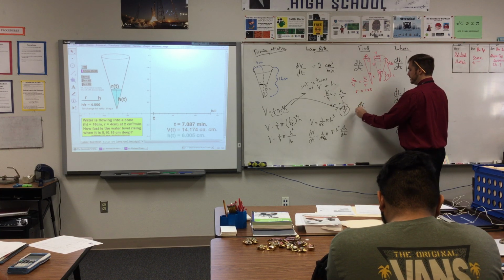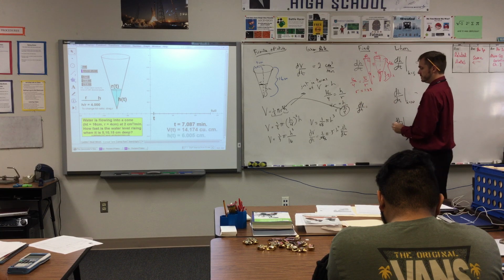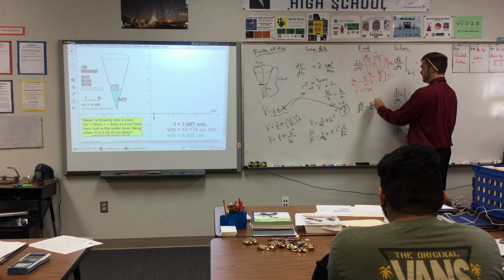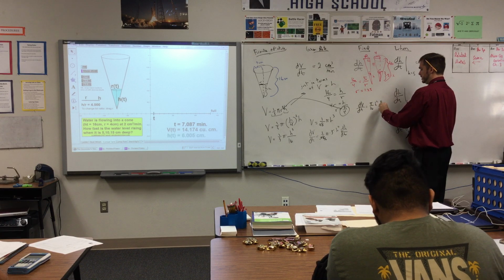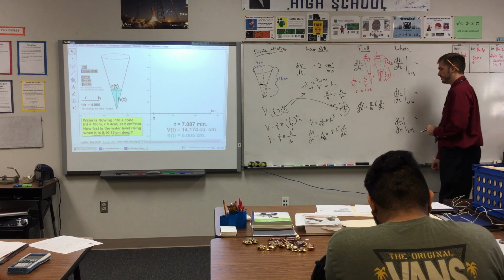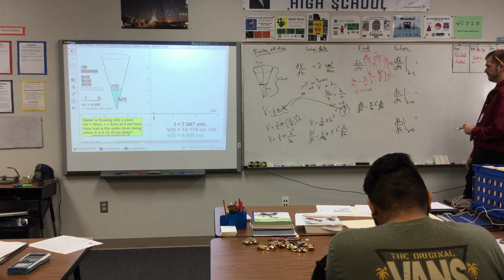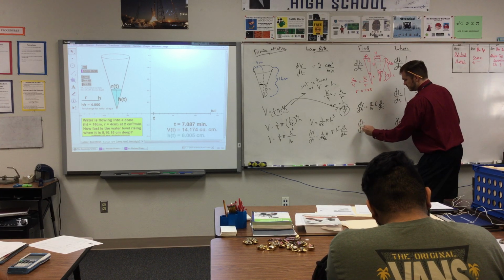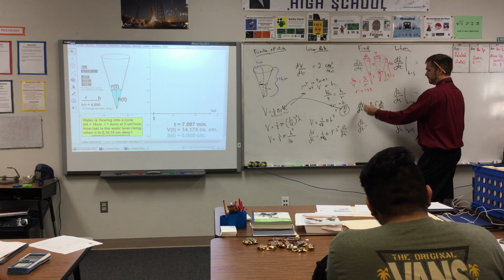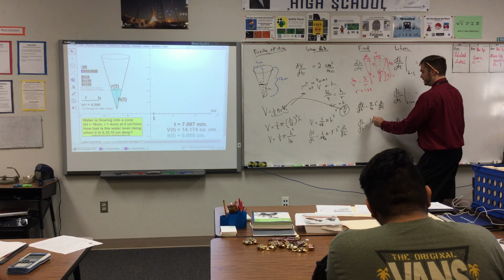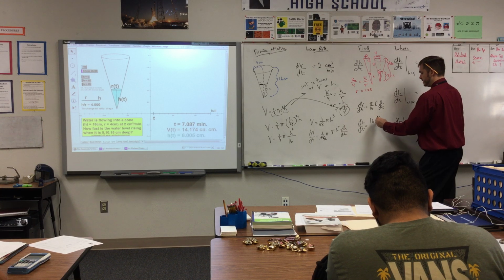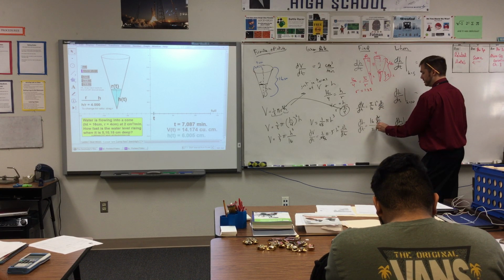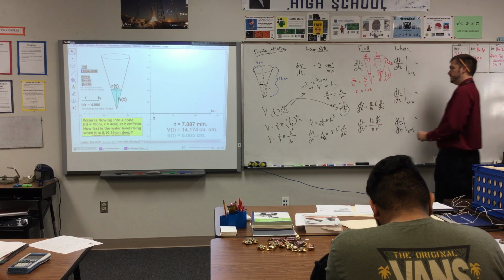So I have dv over dt equals pi over 16 h squared dh over dt. If I solve for dh over dt, I multiply both sides by 16, so I have 16 dv over dt, and then divide by pi h squared.